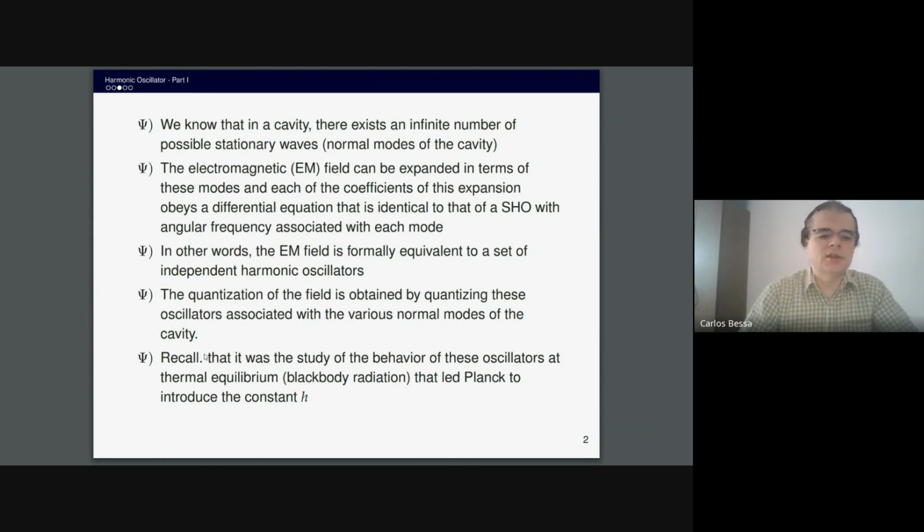And recall that it was the study of the behavior of these oscillators at thermal equilibrium, in the case of black body radiation that we saw in my first talk, when we started the quantum theory, that led Planck to introduce the constant h, which today is known as the Planck constant.